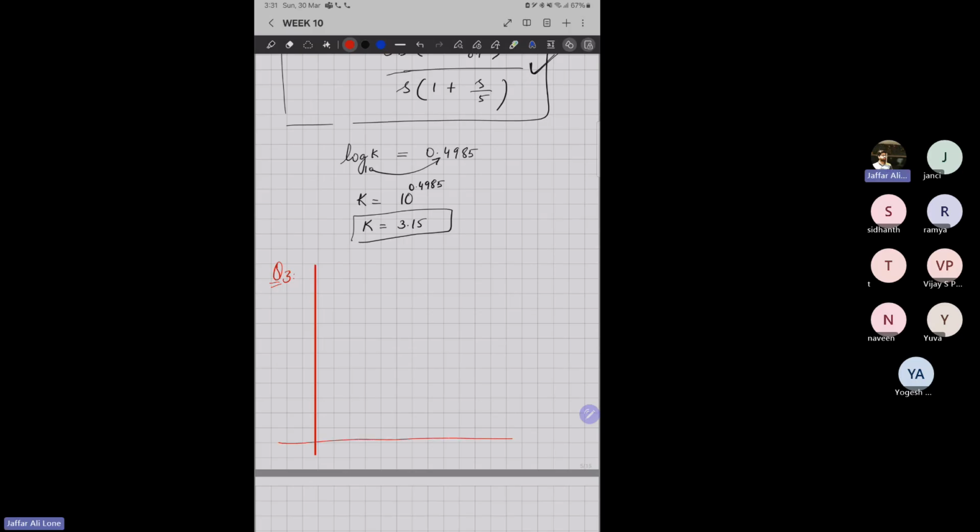We are given a Bode plot like this, where the initial magnitude is... Correct. So yeah, this is it. Let me make it.